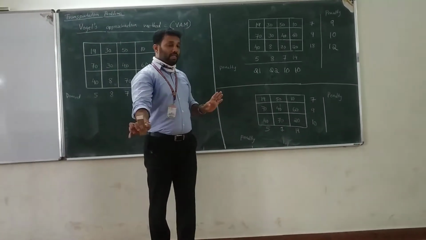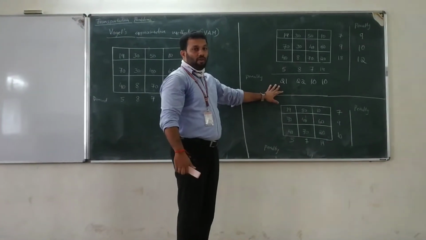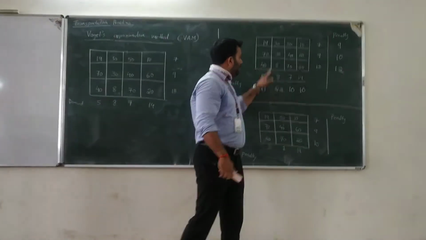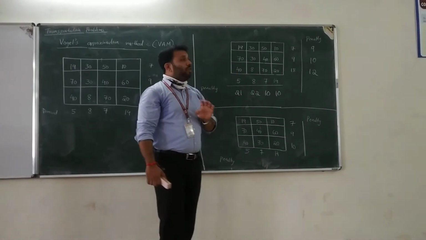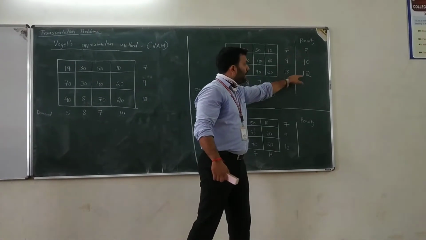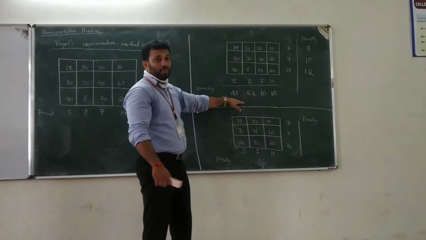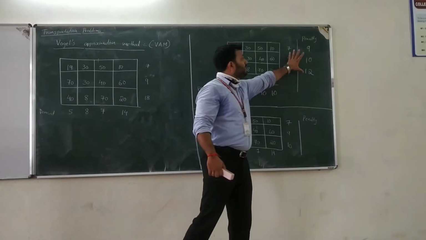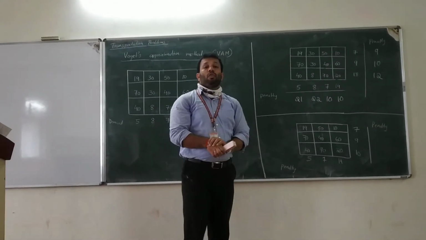Now what is the next step? We have found out the penalties in respective columns and in respective rows. These are the penalties in each row and these are the penalties in the columns. Out of all these penalties, how to select a position for allocation?